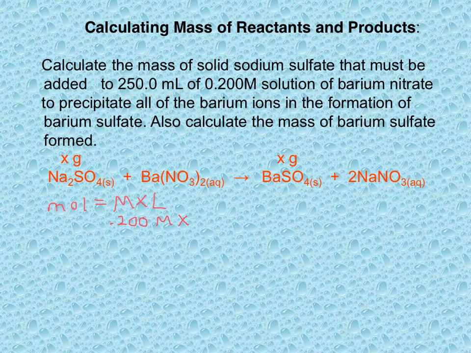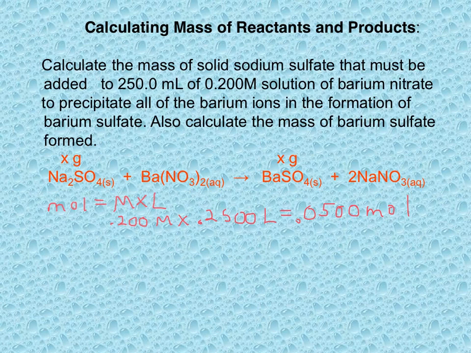It must be liters, so we're going to move our decimal point 3 places to the left, and we're going to use 0.2500 liters. And when you multiply 0.2 times 0.25, the answer is 0.0500 moles.